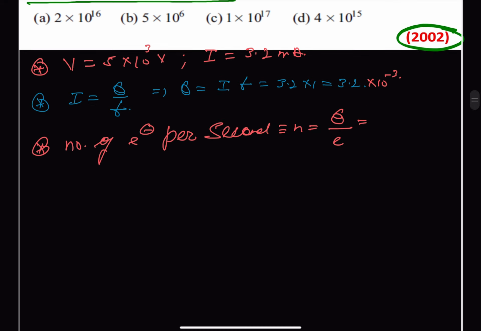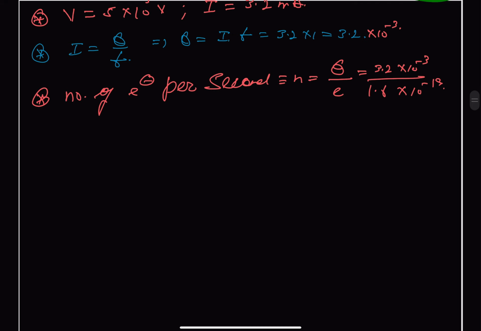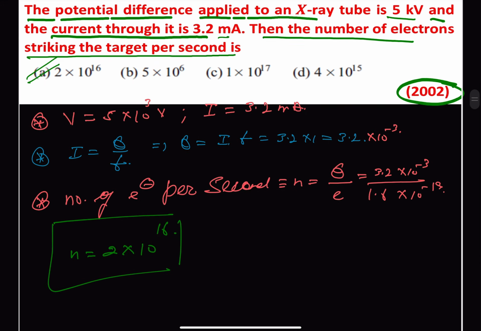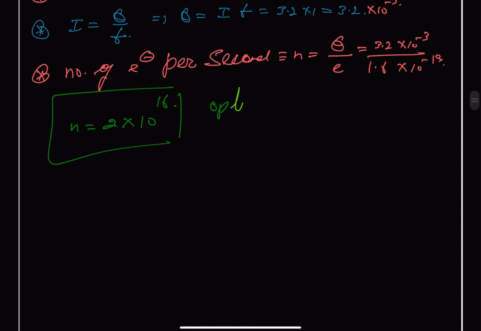So this comes as 3.2 into 10 to the power minus 3 divided by 1.6 into 10 to the power minus 19. So the number of electrons n comes as 2 into 10 to the power 16. Option A is correct. Next question.